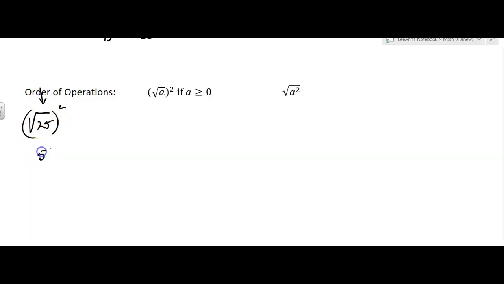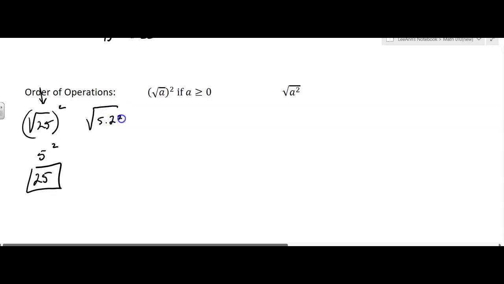That's 5. And then I could square it. This is the order of operations. Notice that I'm back to 25. So what if I had the square root of 5.23? And then I wanted to square it. Well, I don't know what the square root of 5.23 is. I could put it in my calculator and it would give me a decimal approximation to so many places. But the thing is, I'm going to be squaring it. So I'm going to be back to that 5.23. I can say that. Okay?